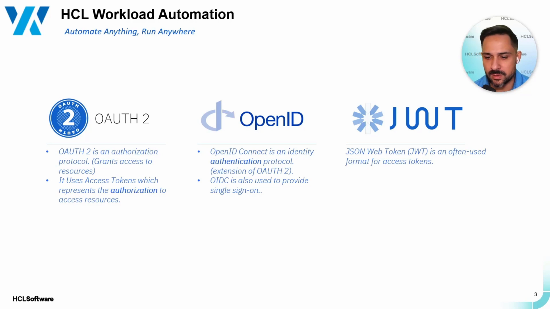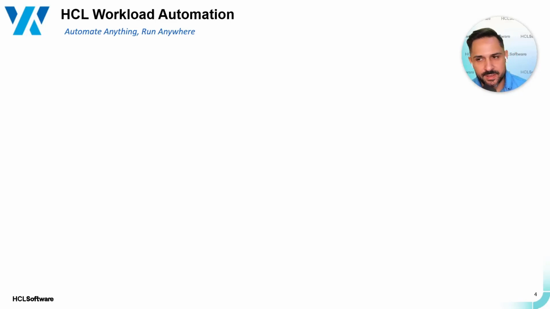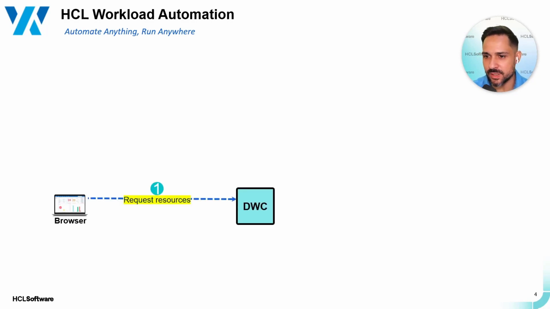We're going to see how a JSON Web Token looks, but that is more or less the communication, how we're going to be handling the resources. That communication is pretty much the JSON Web Tokens. So first, we will draft our scenario on how OpenID Connect will play a part. I have a user accessing DWC through the browser, entering the login page of DWC, which runs on Open Liberty WebSphere.